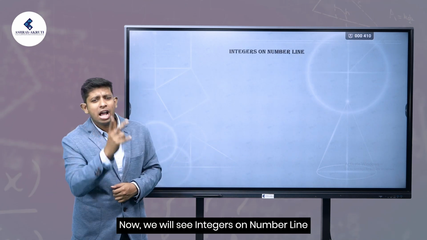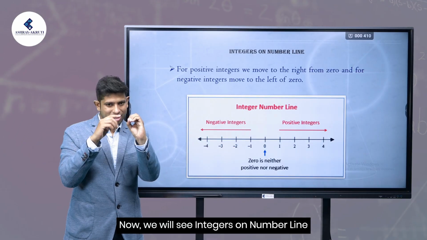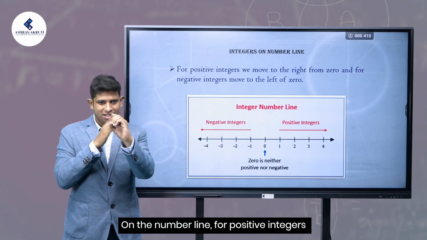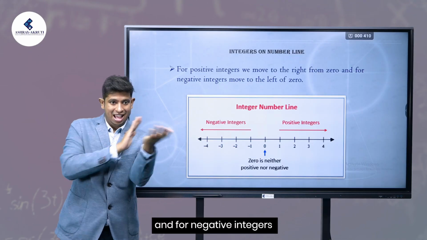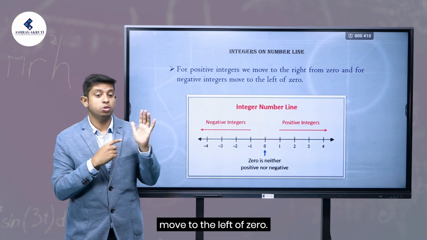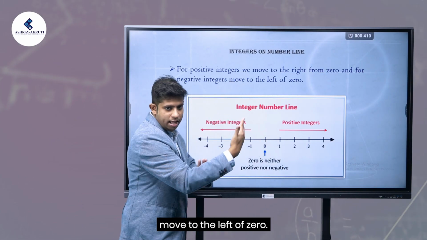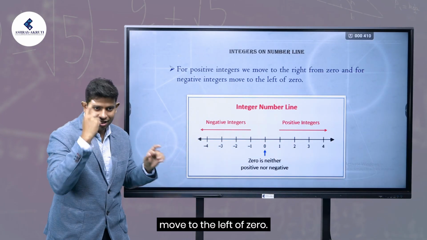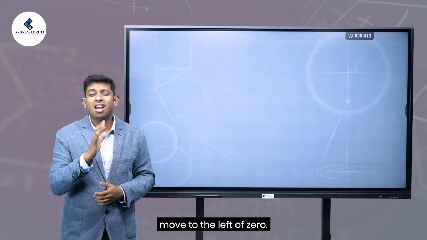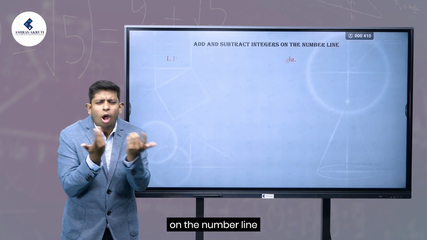Now we will see integers on the number line. On the number line, for positive integers, we move to the right from 0, and for negative integers, we move to the left of 0. Facts about how to add and subtract integers on the number line.